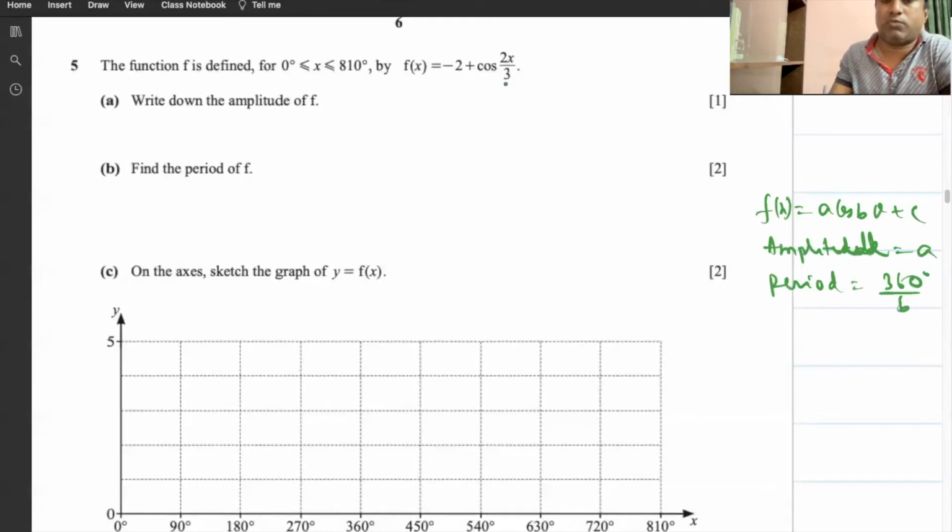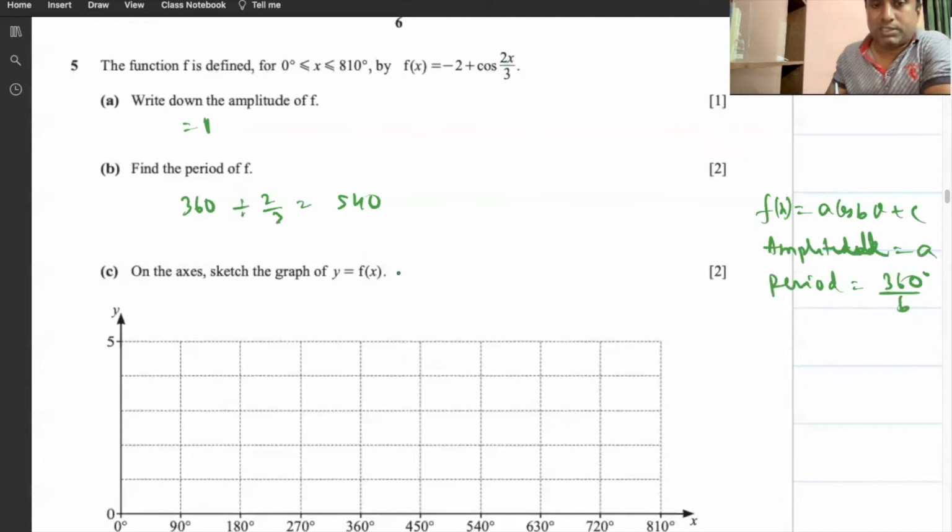In the same way, if I compare, the coefficient of cos theta is 1, so we can write here that the amplitude is 1, and the period is 360 divided by b. b is here 2 by 3. Now if I simplify with my calculator, we can find it is 540.